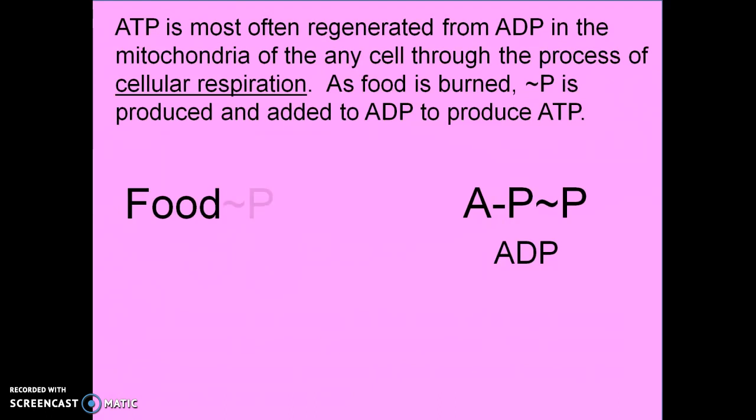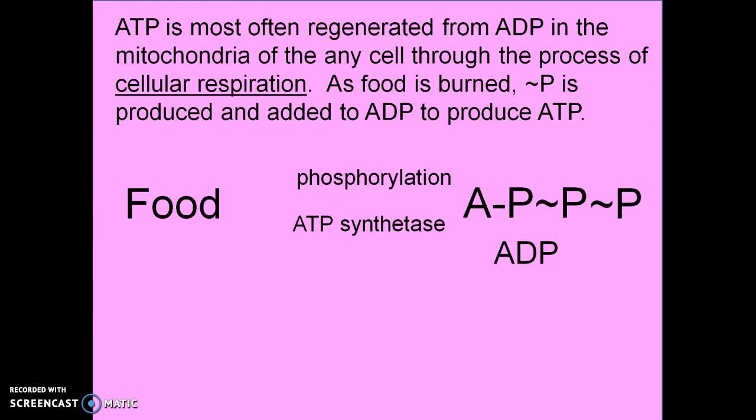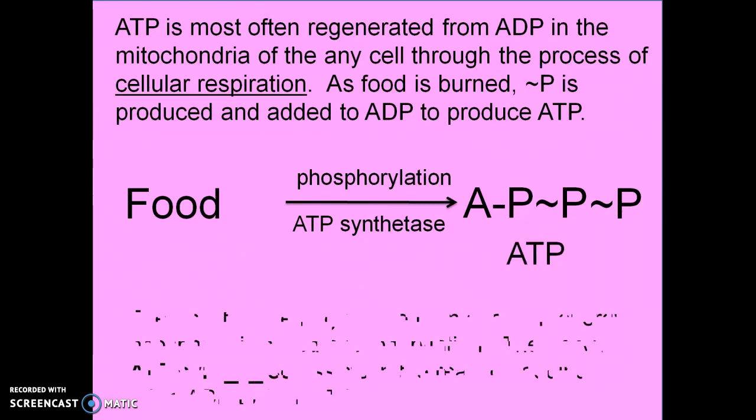So food has high energy phosphates. Using the process of phosphorylation, we move that high energy phosphate from the food over to your ADP. We use ATP synthetase to make that phosphate move. And your ADP, because it has gained a high energy phosphate, is now ATP.